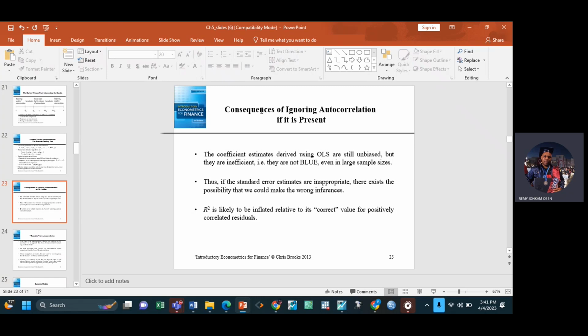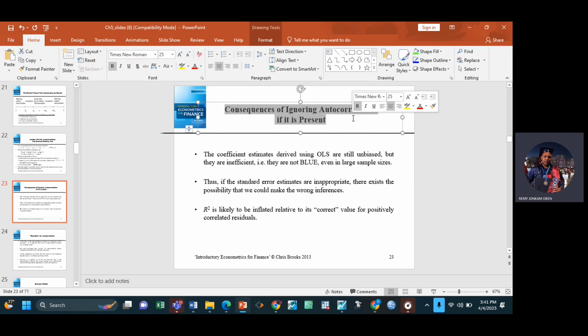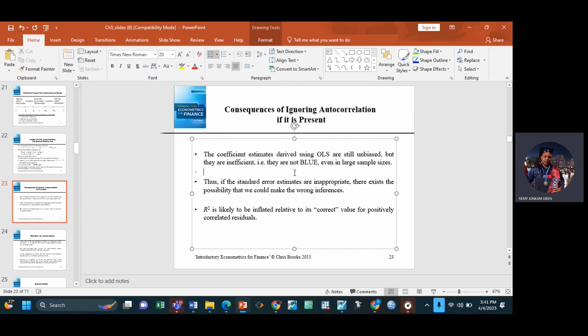Now, what are the consequences of ignoring autocorrelation? What happens if we use ordinary least squares in the presence of autocorrelation? The estimators might not be the best. The coefficients are still unbiased, same with heteroscedasticity, but again, they are not best, which means they are not efficient, which means they no longer have the minimum variance in the class of all linear unbiased estimators.